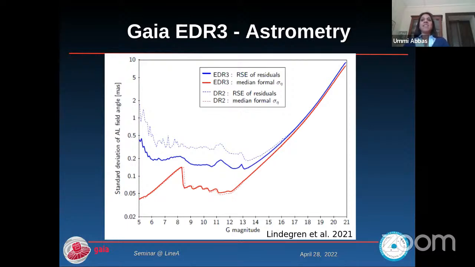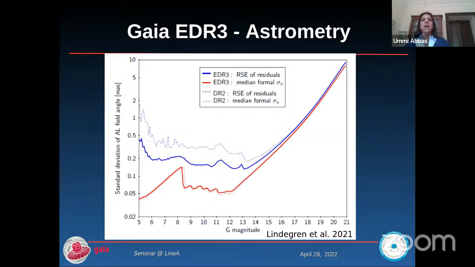The solid lines are EDR3, so essentially the blue line is what we got from the actual residuals, from the post-fit residuals of the astrometric solution, so the robust errors. And then DR2 is shown as the dashed line, which is a little bit higher. So we have more precision with EDR3 essentially.